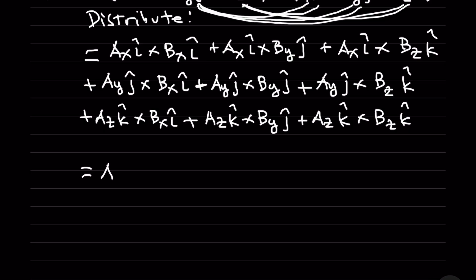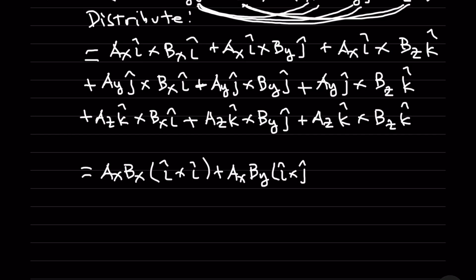We can then simplify each term. So the first term can be written as a_x b_x times i hat cross i hat. Second term is a_x b_y times i hat cross j hat, and so on.